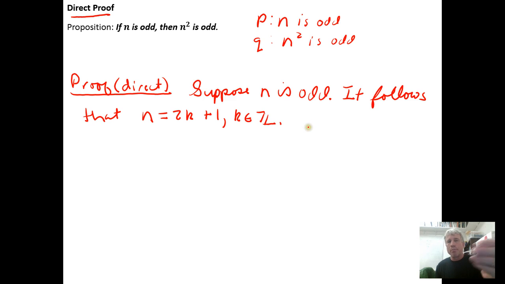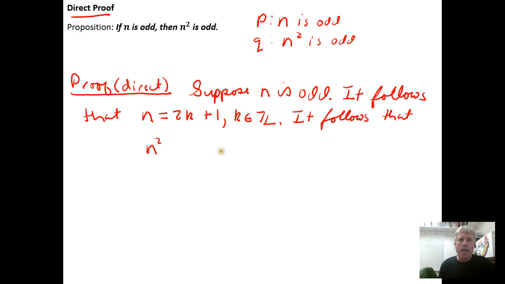So we supposed n was odd. We indicated what that meant n had to look like, and now we're going to do a little bit of math with that. So I'm going to say it follows that n squared, since we're trying to show that if n is odd, n squared must be odd.